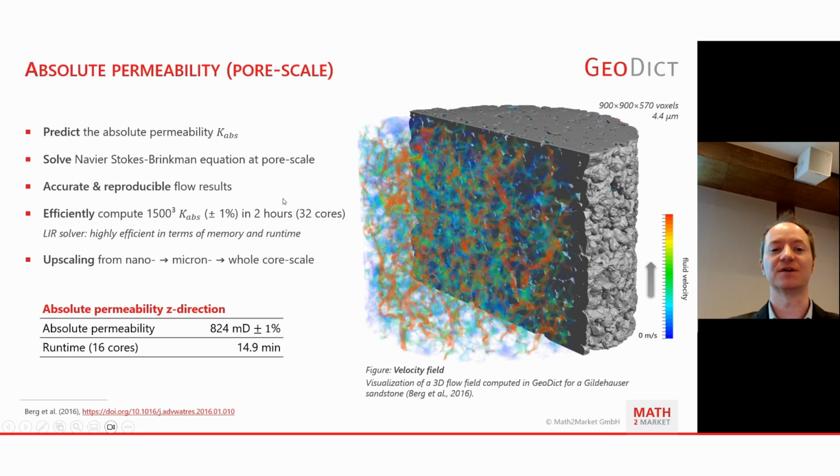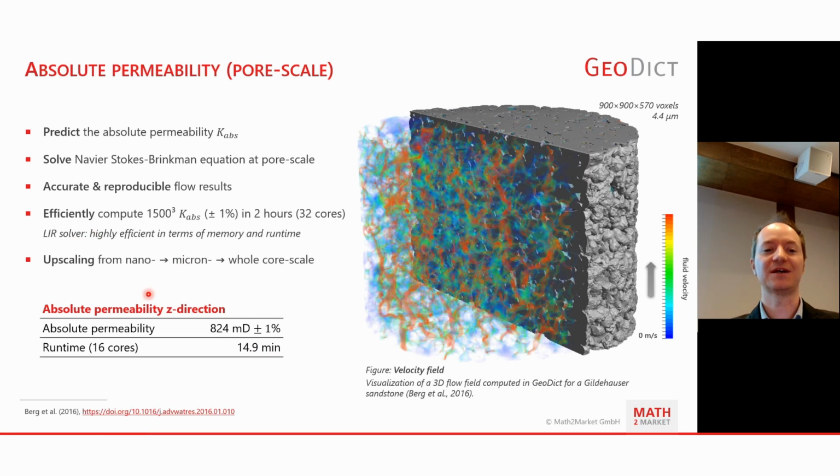The absolute permeability is determined within 2 hours using 32 parallel cores. So this is highly efficient in terms of runtime and also in terms of memory. Looking at this example here of the Gildenhauser rock, which is from Steffenberg et al. publication of 2016, we predict the absolute permeability with a runtime of 50 minutes or less.